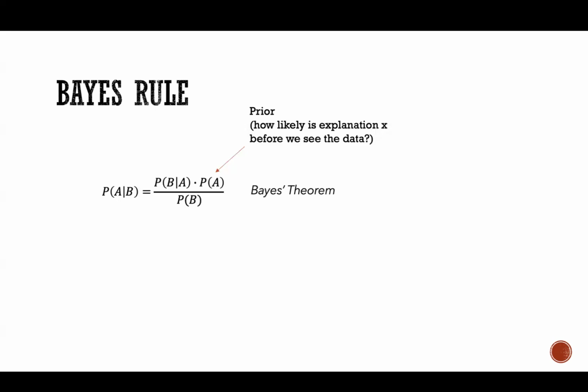If we're talking about perception, that what I'm seeing is Balázs and not somebody else, given the kind of input that I'm receiving, right? And that is calculated by the prior, right? Even before seeing the data, how likely it is to see Balázs. If I'm teaching advanced cognitive modeling, that's quite likely, right? If I'm in the room where I'm teaching social and cultural dynamics, that's much less likely, right?